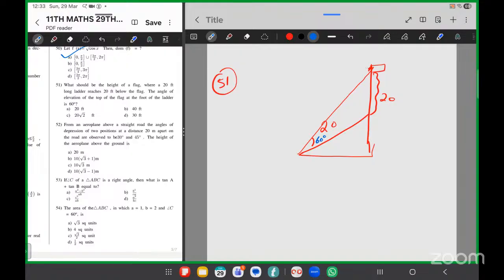Below the flag, that means we can consider like this. 20, 20. This is an isosceles triangle.